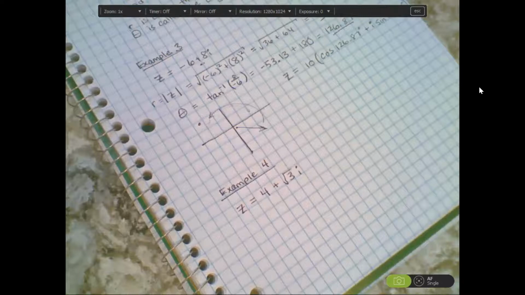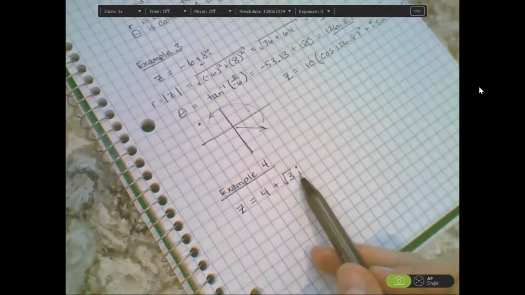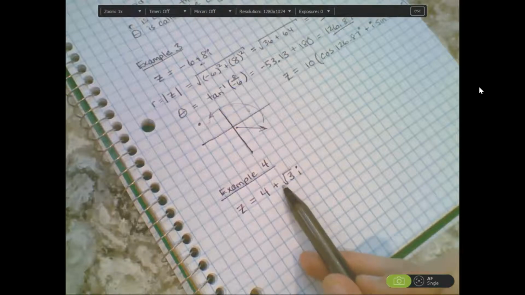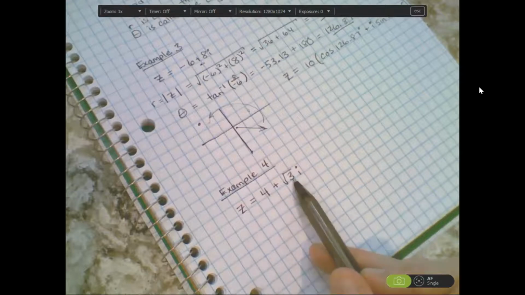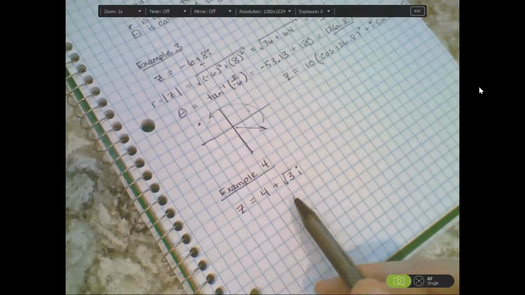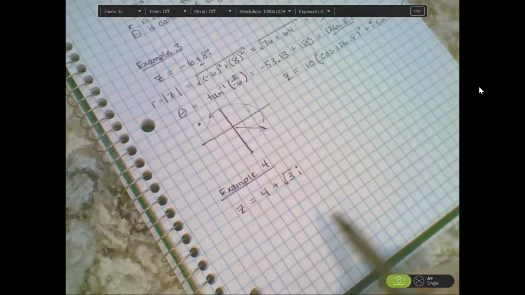And that i is not under the root. It's root 3 times my i. So this is my A and this is my B. Now if you want, you can pause the video, work this one out, and then see how you did. Or you can just watch me do it the whole time, whatever you like.